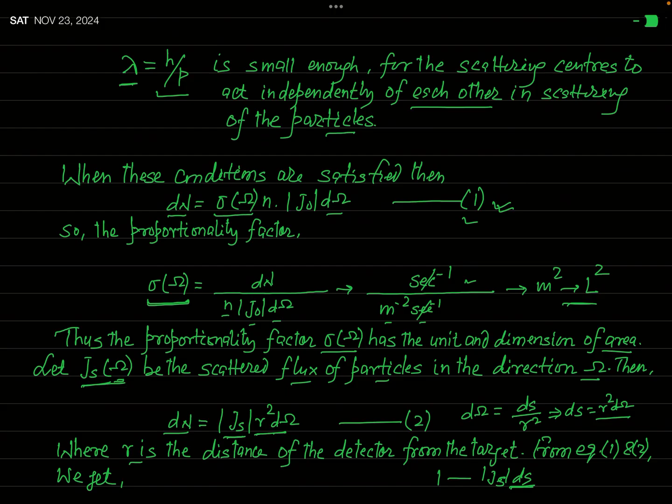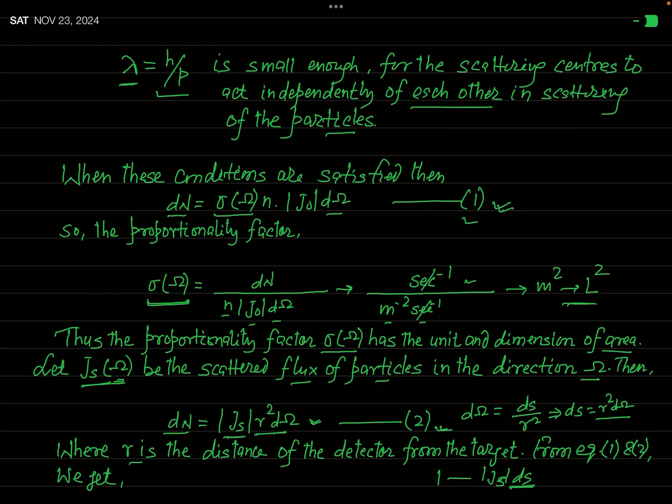So I have written dn equal to mod of Js times r square d omega. I think you have now clearly understood how we can write this. Now we have defined this dn in equations 1 and 2 both.